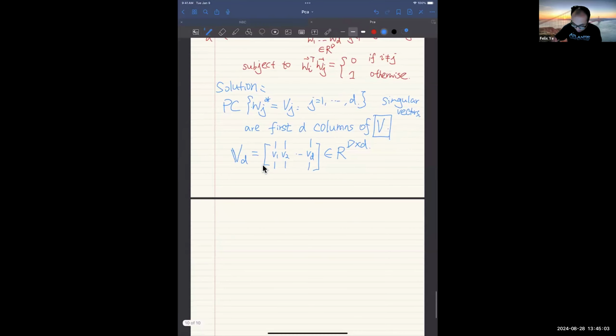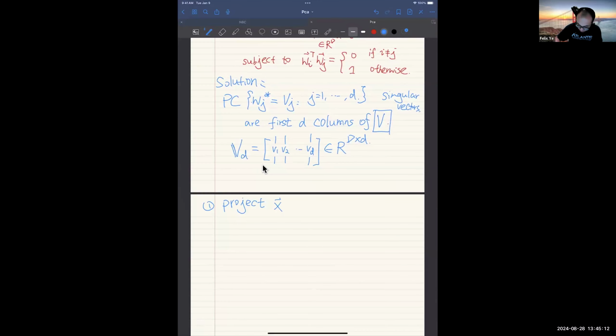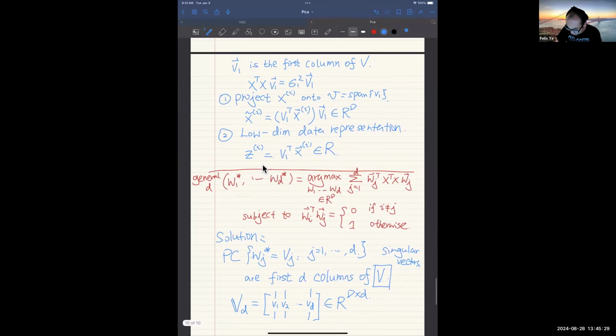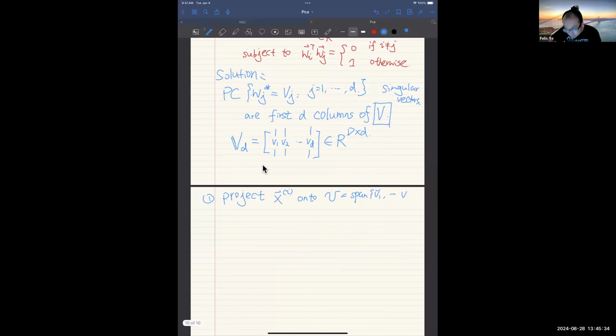Basically, we can project X of i onto the span of V1 to Vd.